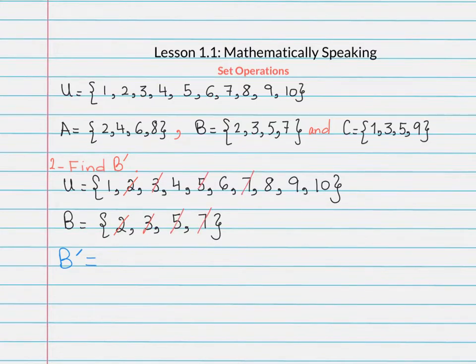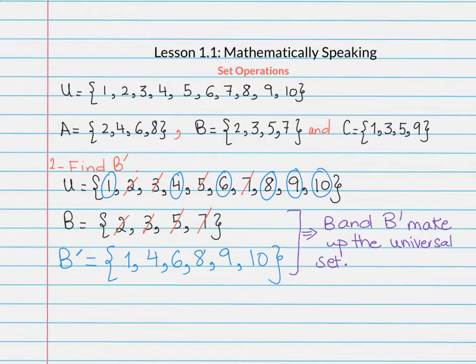Now, the elements that are left in the universal set make up the complement set of B. So B prime should contain the elements 1, 4, 6, 8, 9, and 10.